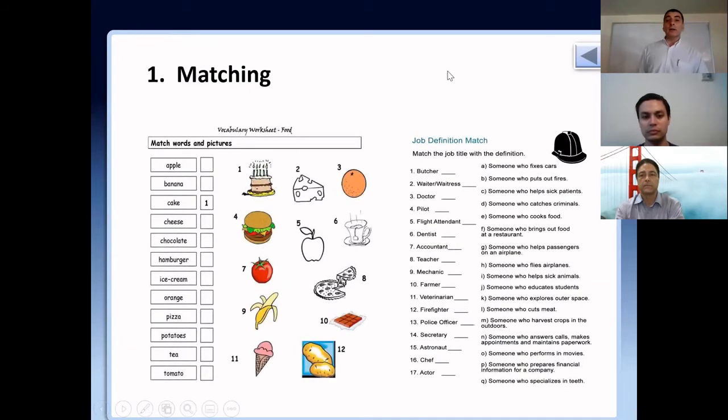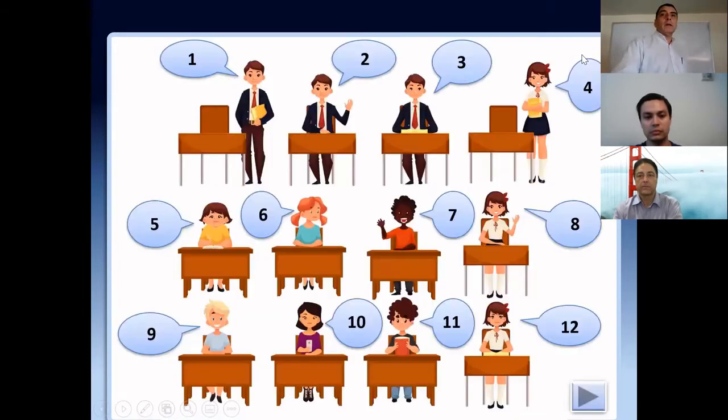Here are a couple of examples. The one on the left is matching the words with the pictures, and the one on the right is matching with definitions. Okay, good. Let's go back to our class.